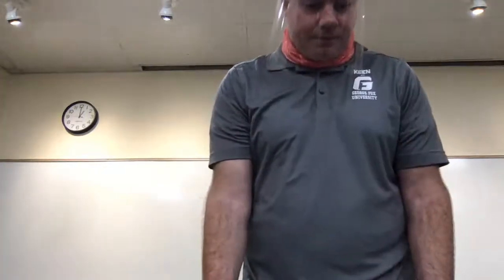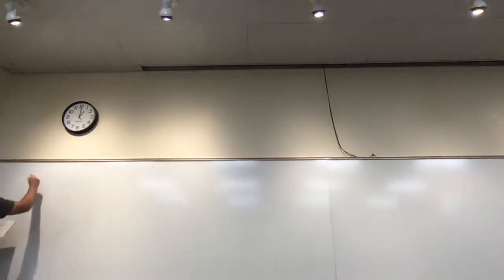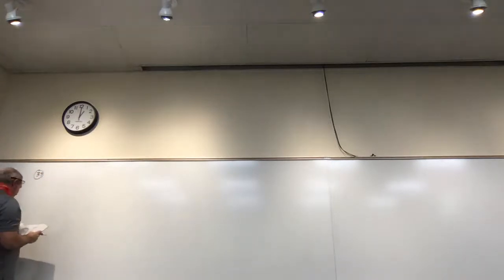39. Okay, let's take a look. So 39, we have a water tank is shaped like an inverted cone with height 6 meters and base radius 1.5 meters.